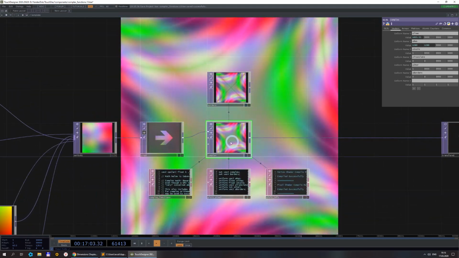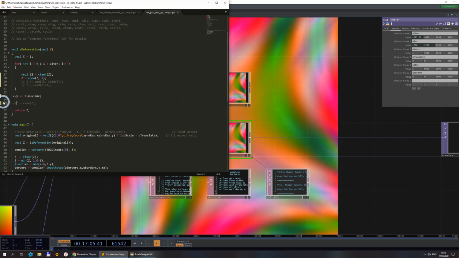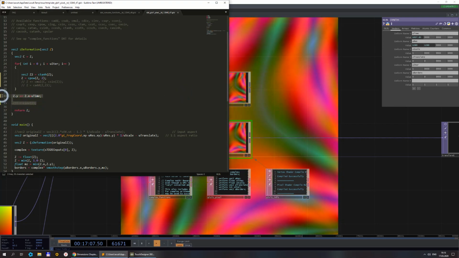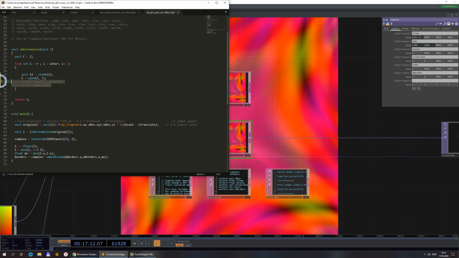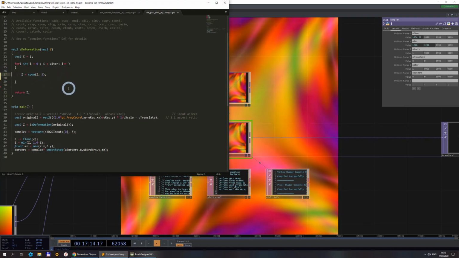And the fractals, let me give you a super simple example. Maybe you recognize it.